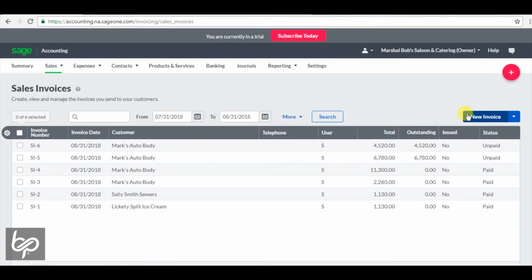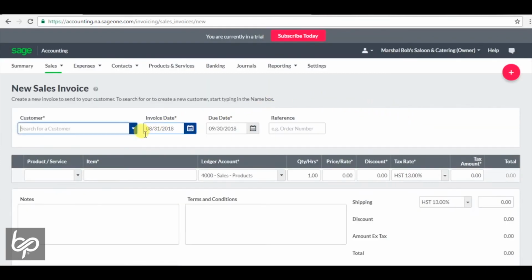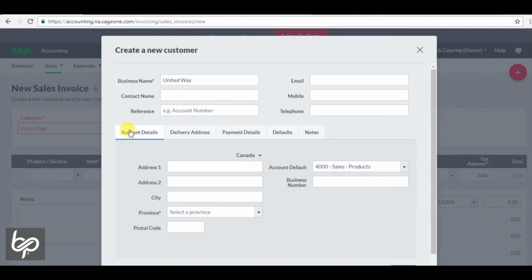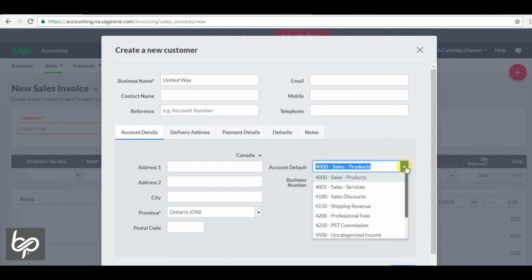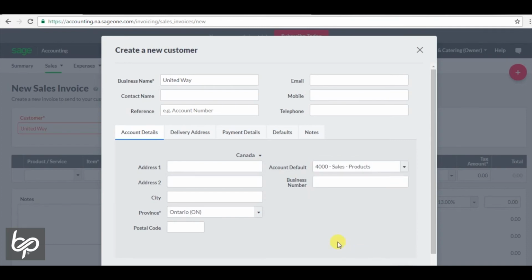So when they're issuing that invoice, I suggest splitting the Canadian dollar and the trade dollar portion of the invoice, which sometimes makes it easier to keep track of. So let's say the United Way gets added, and we'll say they're in Ontario, and we'll just call it sales products. Save.